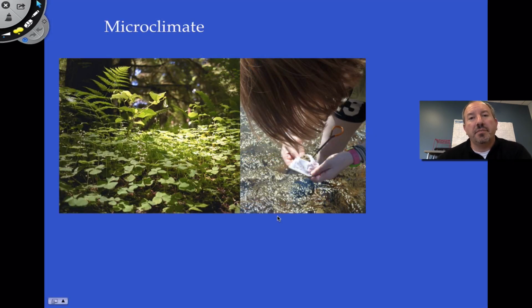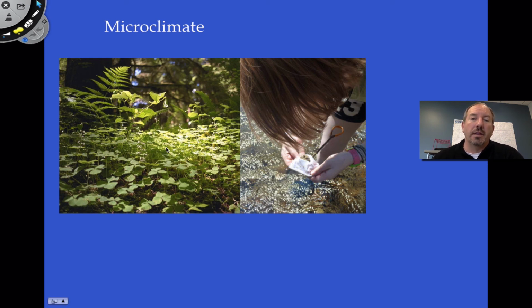Now, even still, we could consider climate on a smaller, even more local level. There's something called microclimate. In other words, whether or not ferns could live on the ground in a forest, or whether or not this redwood sorrel can grow, has more to do with the local climate. In other words, the competition from the canopy, from the bigger trees, or the moisture in this area.